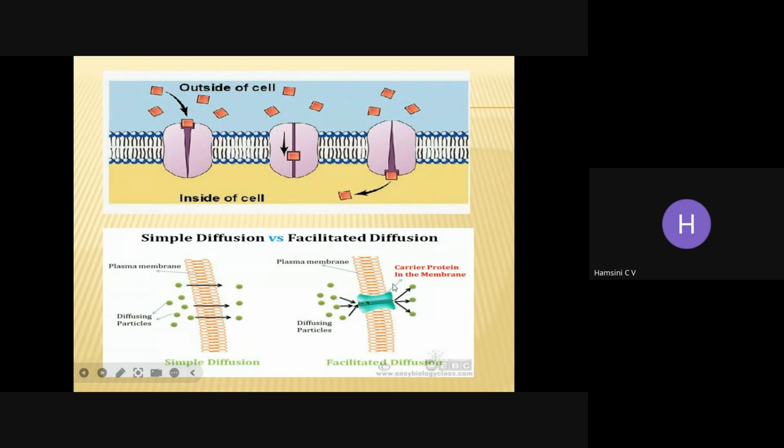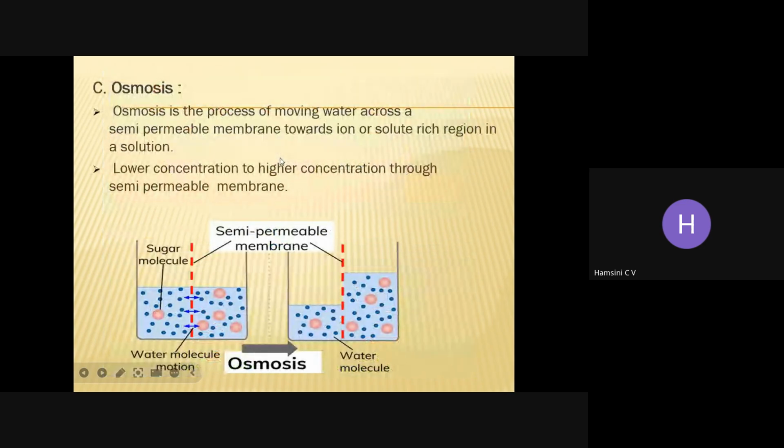Now this is osmosis. This is the diagram which is given for osmosis. Osmosis especially is the movement of water molecules from a region of higher concentration to a region of lower concentration across a membrane. See, there will be some important terms.